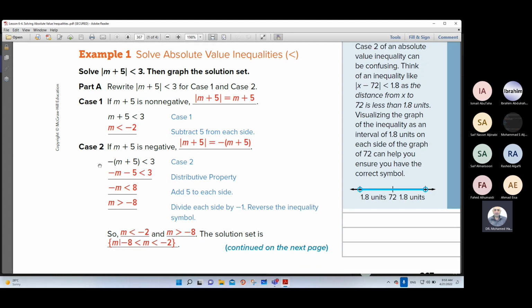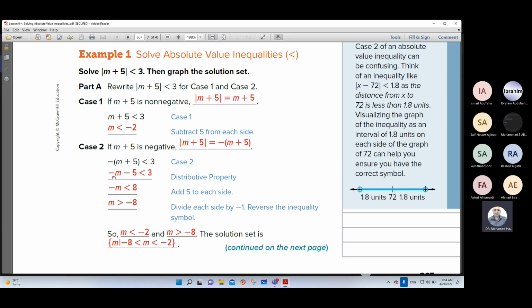Then the second case, if we have m plus 5 is negative, means the absolute value of m plus 5 will be minus (m plus 5). So we can write here minus (m plus 5) less than 3, then we can distribute the negative inside the parentheses.